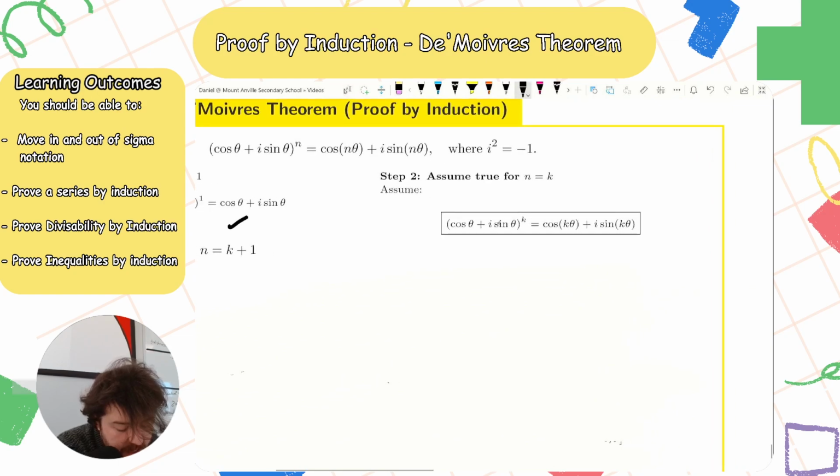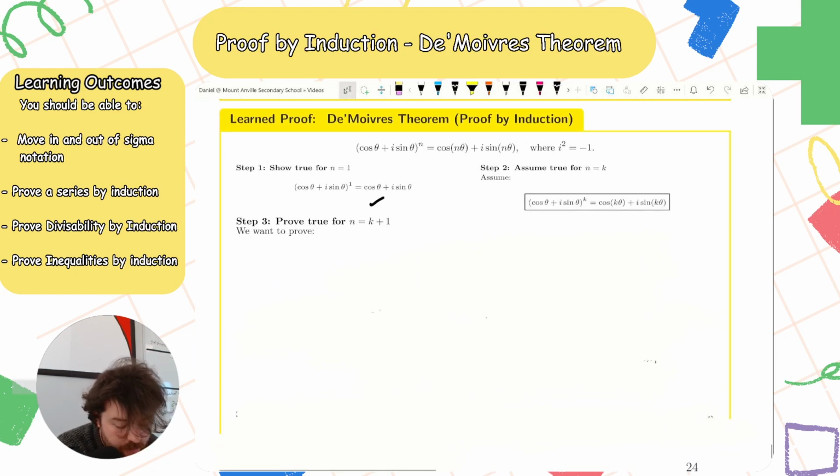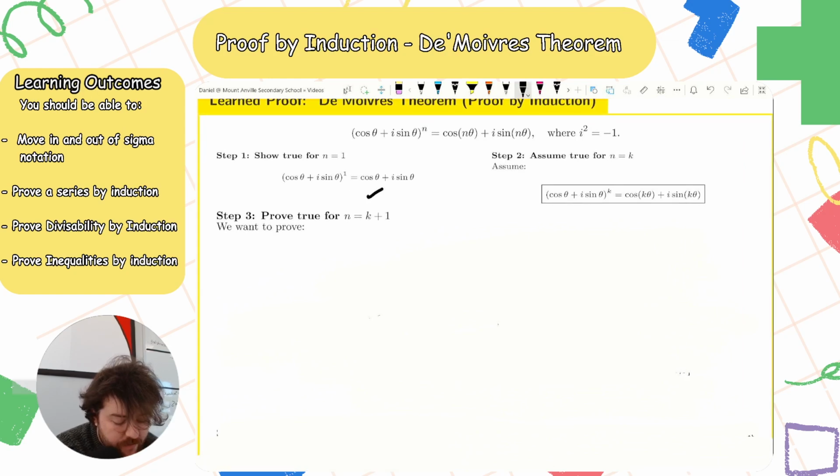So (cosine theta plus i sine theta) all to the power of k is equal to cosine k theta plus i sine k theta. So we assume it's true. Remember that, we're going to need it. And now we're going to prove true for n equals k plus 1.